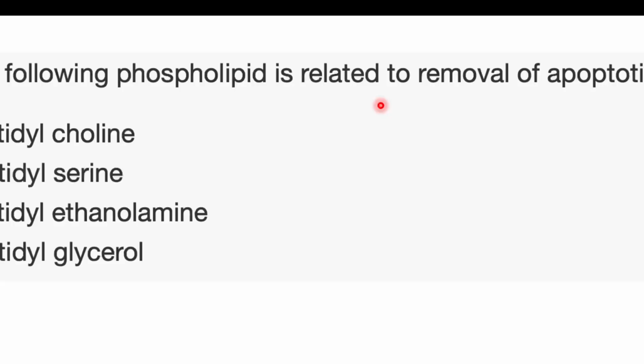Option A, phosphatidylcholine. Option B, phosphatidylserine. Option C, phosphatidylethanolamine. Option D, phosphatidylglycerol. One of these lipids is related to the apoptotic pathway and removal by phagocytes.